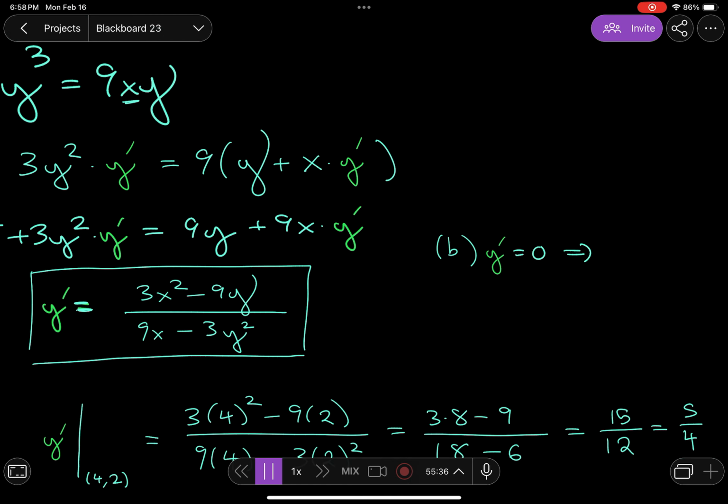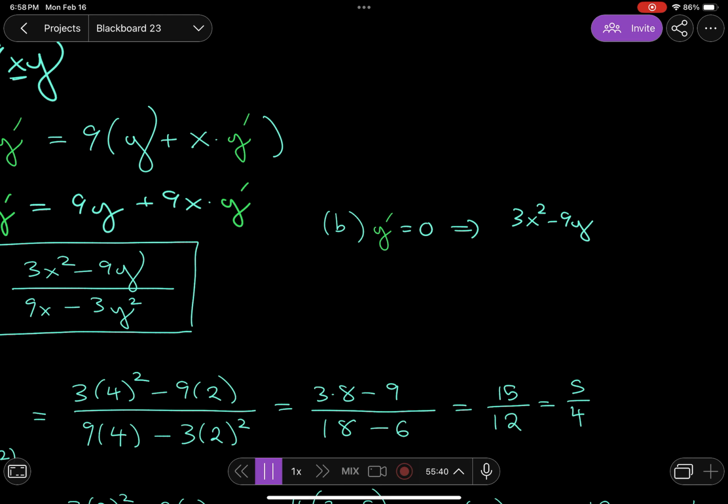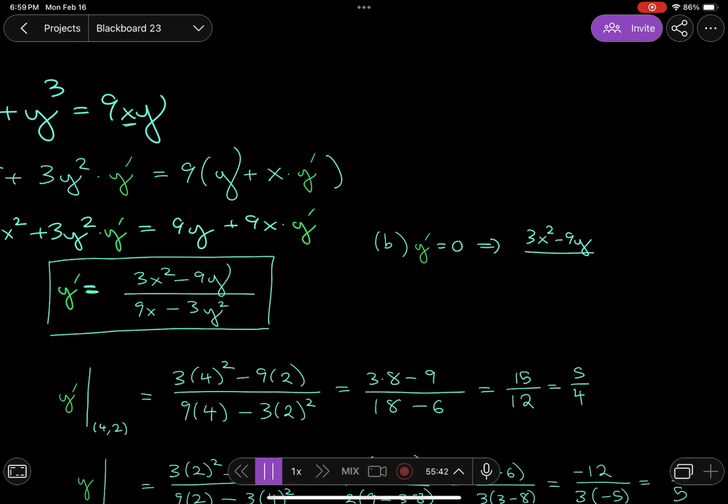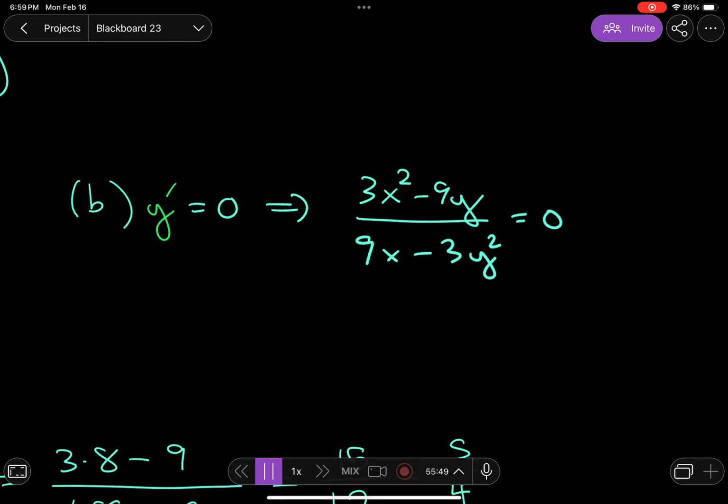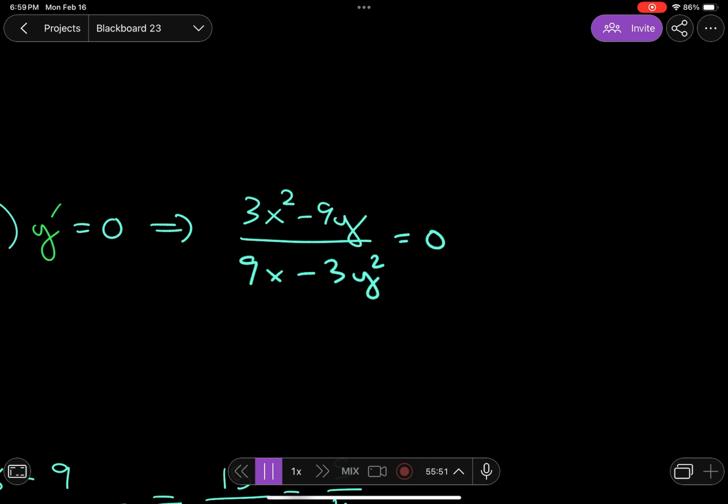That implies that 3x squared minus 9y divided by 9x minus 3y squared equals 0. Multiplying both sides by this denominator and hoping for the best that x and y behave, this implies that 3x squared minus 9y is equal to 0, and that implies that x squared minus 3y is equal to 0, which means that x squared is equal to 3y.